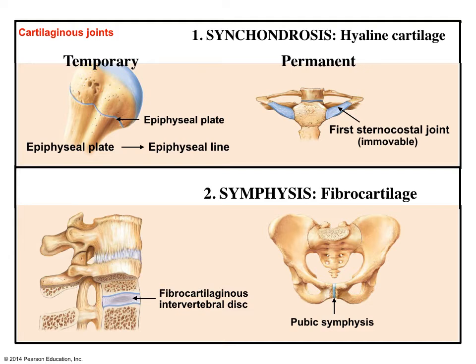In symphyses, the two bones are united by fibrocartilage. Examples would be the intervertebral discs that articulate between the bodies of vertebrae, and the pubic symphysis, which joins the two pubic bones anteriorly to each other.